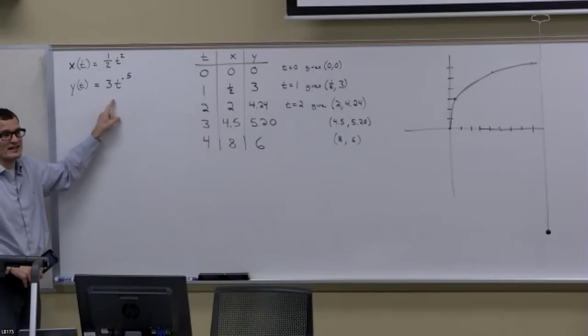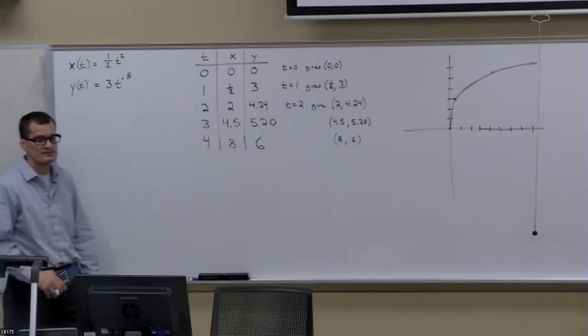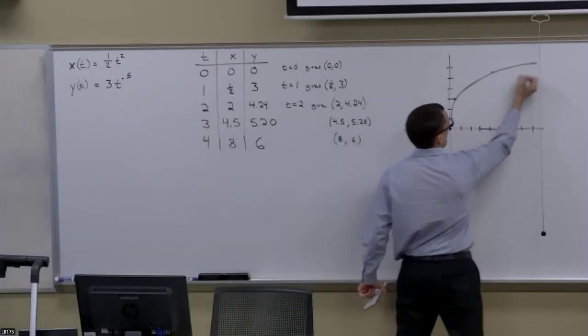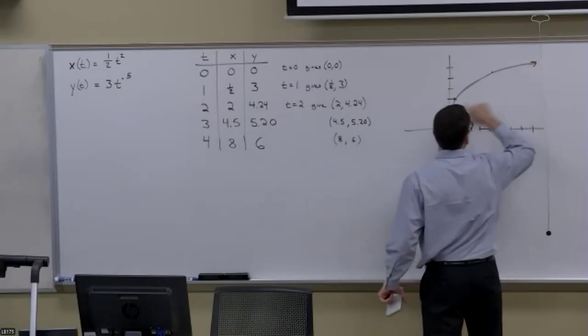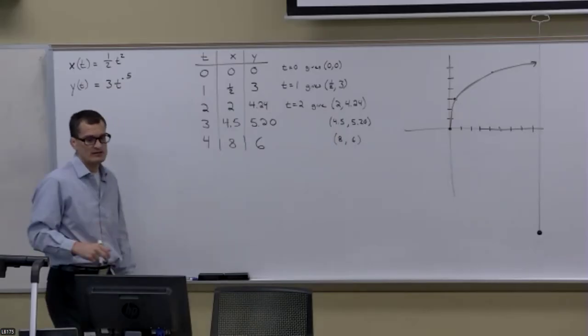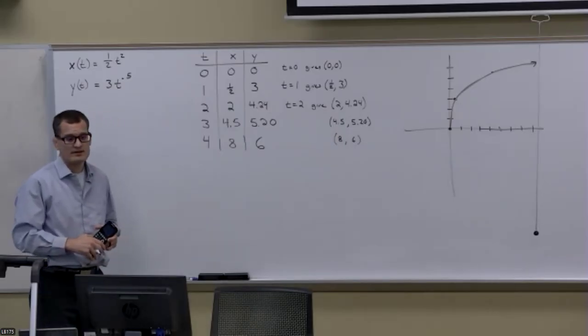That's like a negative square root, right? So negative values aren't going to work for t. But so it starts at the origin, and then it would continue that pattern on. I could get higher and higher values for t if I want. There you go.